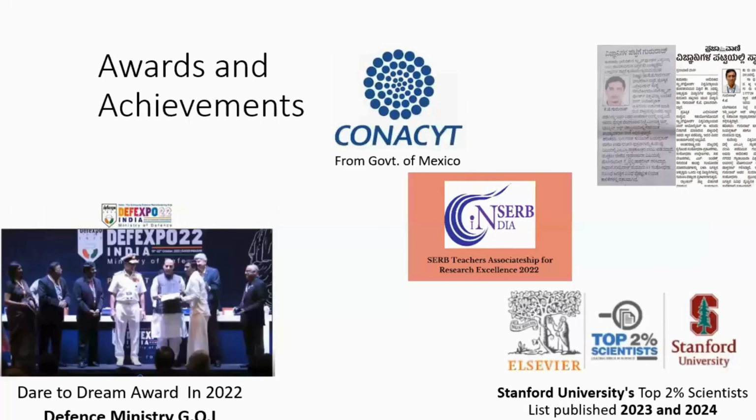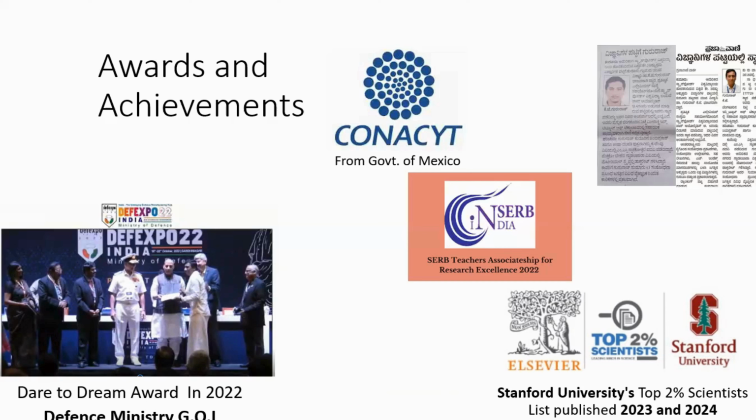As I told, the combination of cyclic voltammetry and density functional theory helped us in a very good way, and it gave us some recognition for clubbing the Fukui function and voltammetry. First I got the PhD award from the government of Mexico through the CONACYT fellowship, and then we got the SubTAR project from the government of India, and our sensor developing idea was liked by the Defense Ministry.